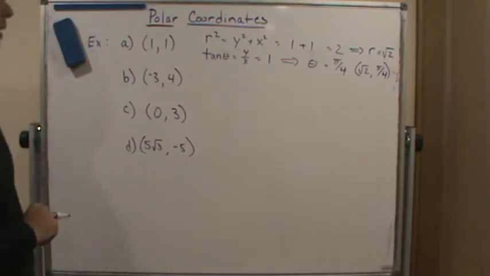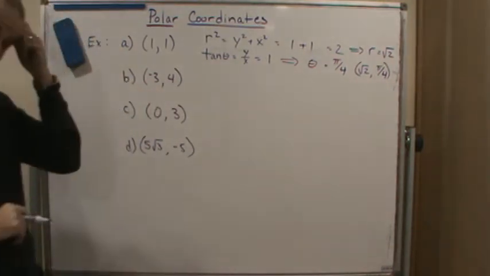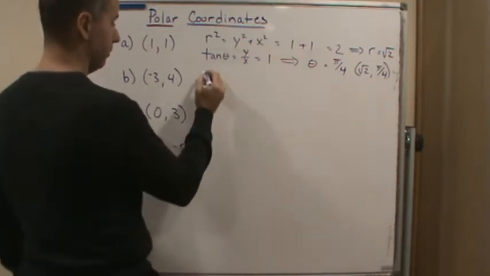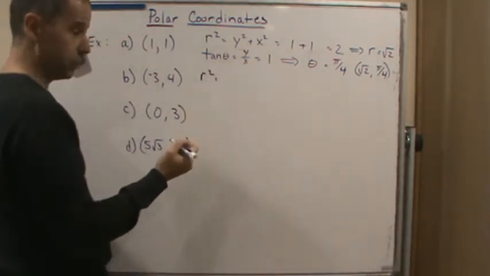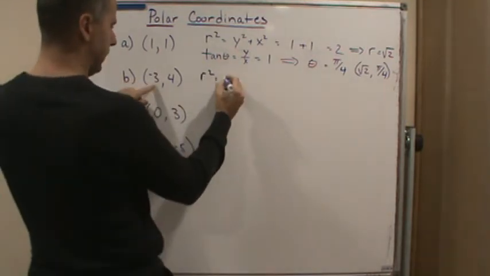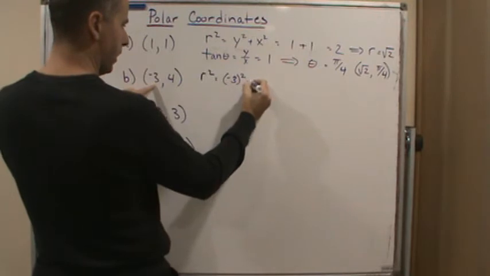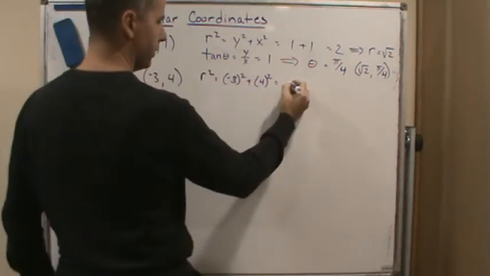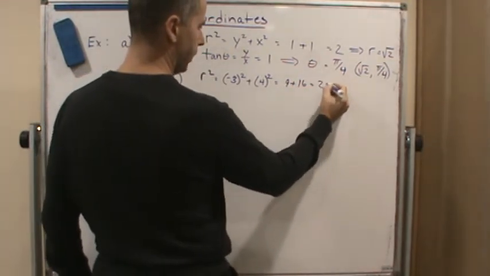Okay, so now, what about this one? We're going to do the same thing, using the same formulas. We're going to say r squared equals x squared plus y squared. So it's going to be negative 3 squared plus 4 squared, which equals 9 plus 16, which equals 25.